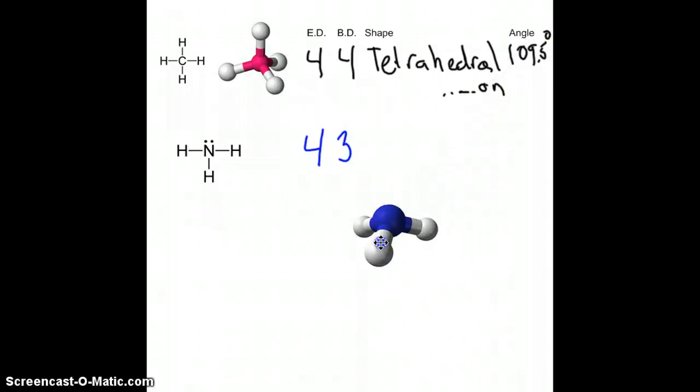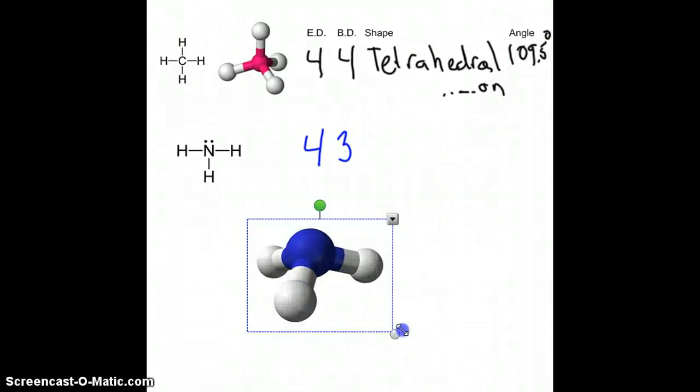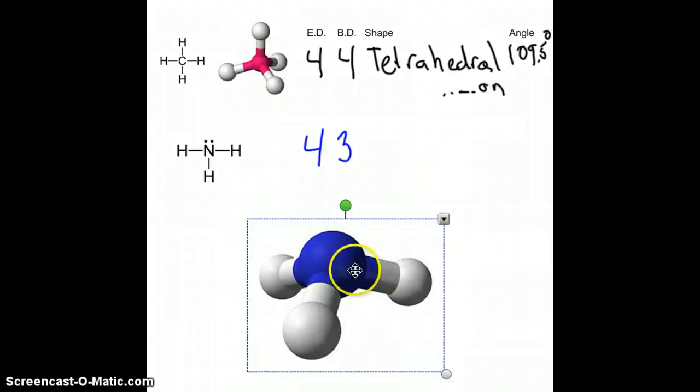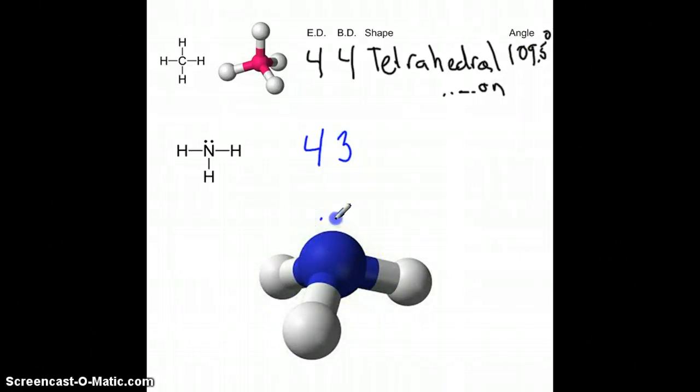The shape of ammonia is based only on where there are bonding domains. Yes, there are free electrons up here, but those electrons do not contribute to the overall shape or the geometry of the molecule. What they do is contribute to the bond angle, so there are 4 electron domains controlling the bond angle, but only 3 that control the shape.